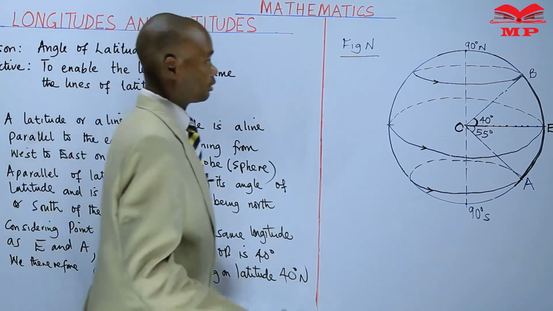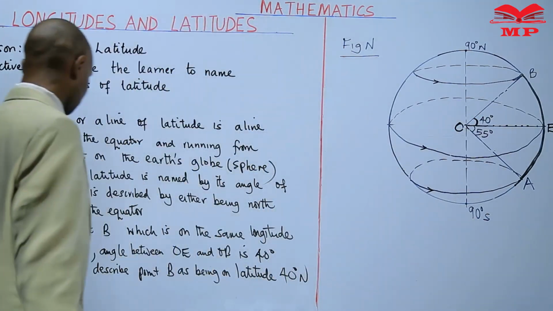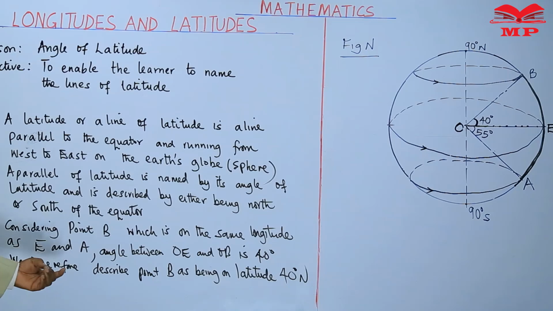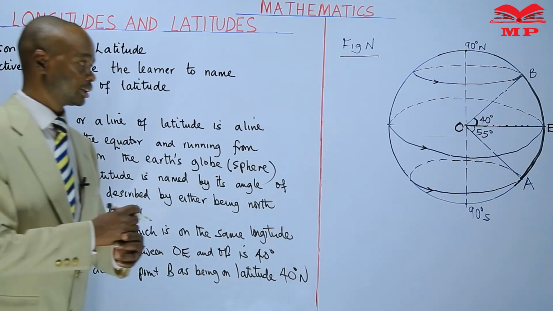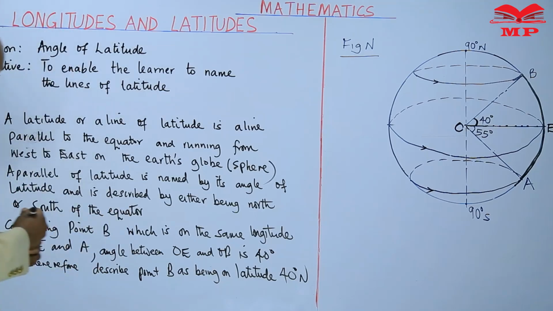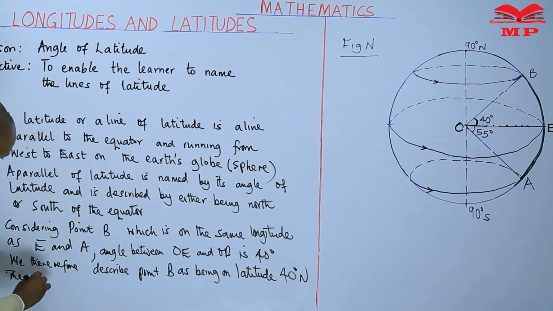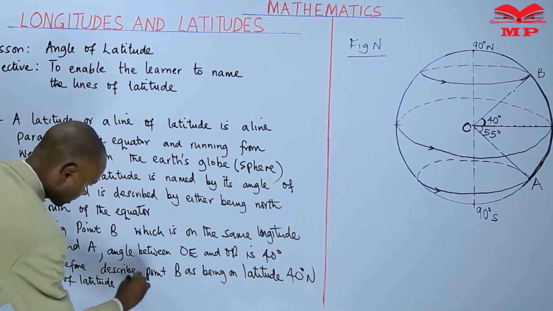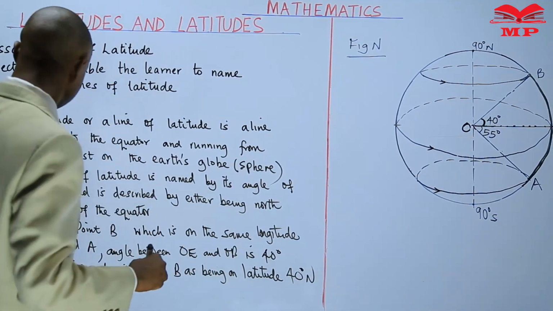So the angle of latitude is 40 degrees. So when we therefore describe point B as being on latitude 40 degrees north, the angle of latitude is 40 degrees. But the best description of B is being on that latitude.